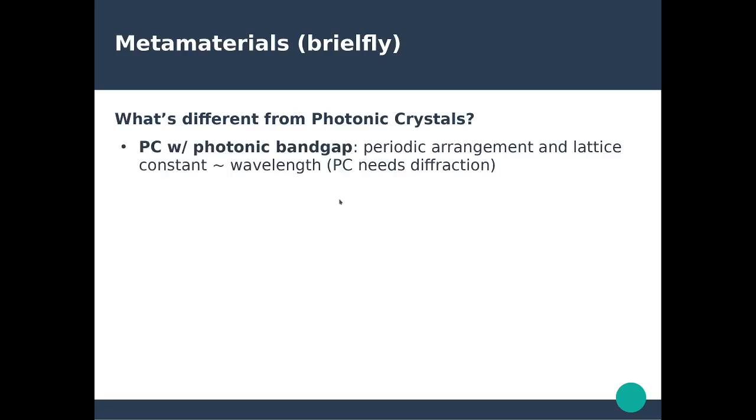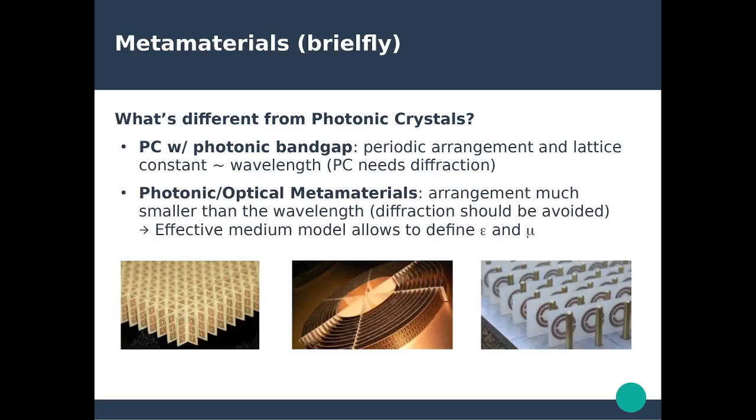Well, yes and no. They are both periodic, they are both designed artificially, but photonic crystals are periodic arrangements for which the lattice constant is typically of the order of the wavelength, because photonic crystals rely on diffraction for their optical properties. On the other hand, metamaterials, or in our particular case, optical metamaterials, because you can also have acoustic metamaterials for acoustic waves, but here we're talking about photonic metamaterials, the arrangement is much smaller than the wavelength.